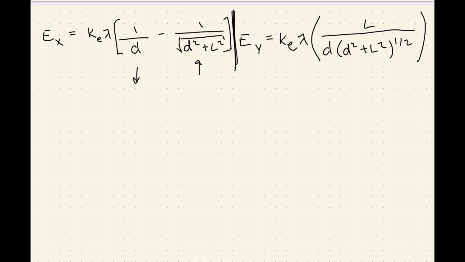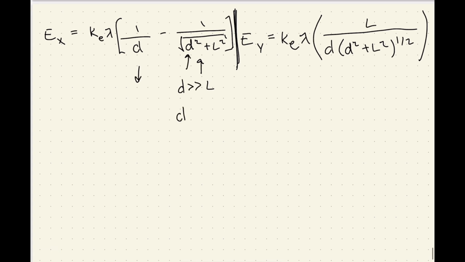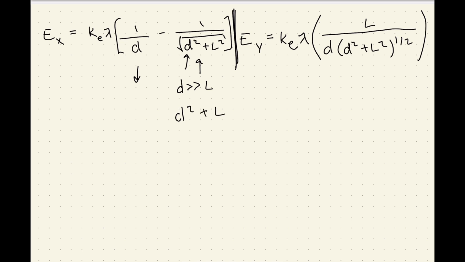If D is much larger than L, then D squared plus L squared is pretty much equal to D squared, okay? A very, very, very big number, D squared, plus a super tiny number, L squared, is pretty much equal to D squared itself. You can think about 1 million squared plus 1 squared.